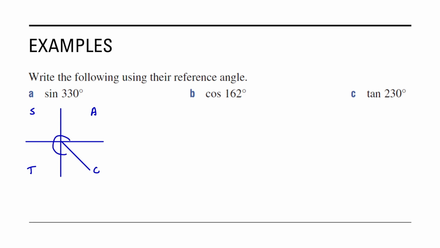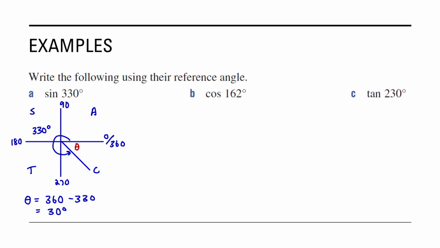So that's my 330 degrees. My reference angle is going to be this angle with the horizontal line. Remember that I'm going up by increments of 90. Can you see that I'm finding the reference angle between 360 and the line? So theta is equal to 360 minus 330. So my reference angle is 30 degrees.